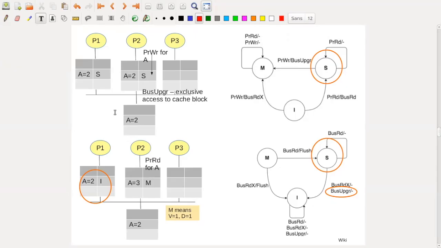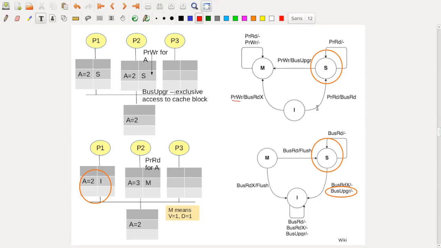So modified always comes in when you do a write. So you should remember that I can get to the modified state from either I or S, and that is going to come only when I do a processor write. So this is exclusively for writes. So when I do writes, I'm going to change it to modified state.